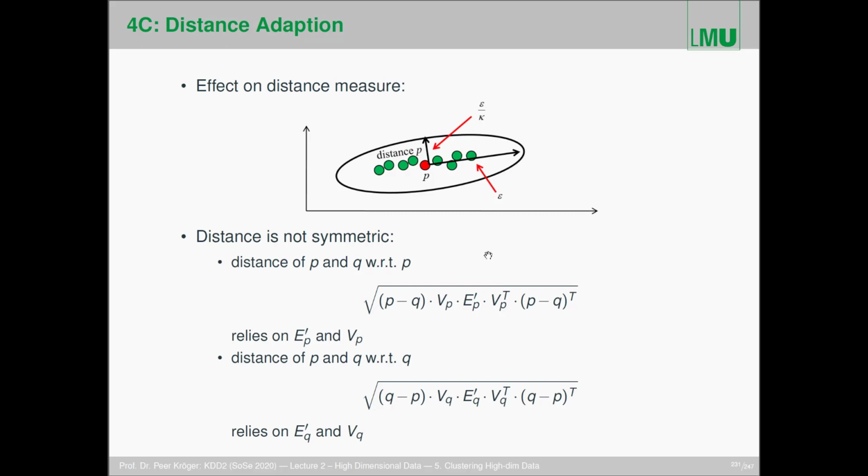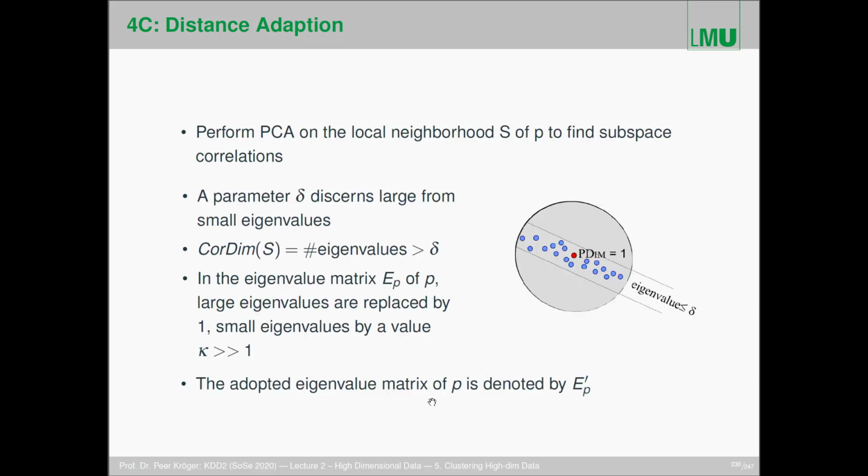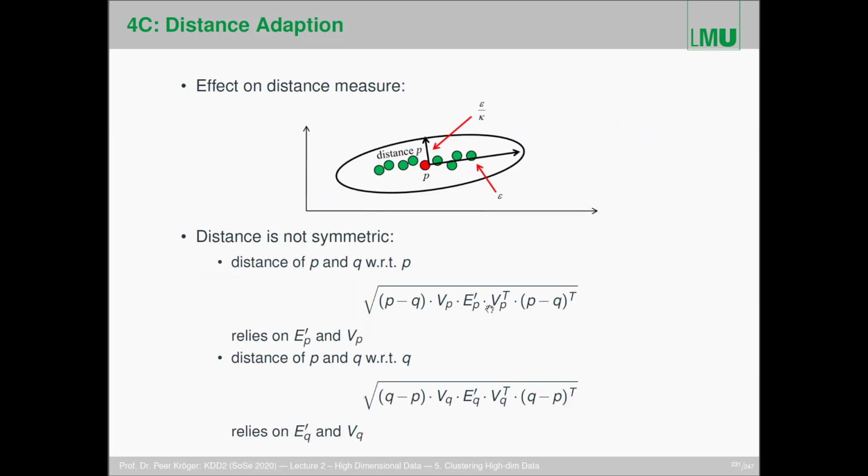Once again, the distance is not symmetric. Because if we use those E primes, those adapted eigenvalue matrices, we can use them in the Mahalanobis distance as the distance measure.